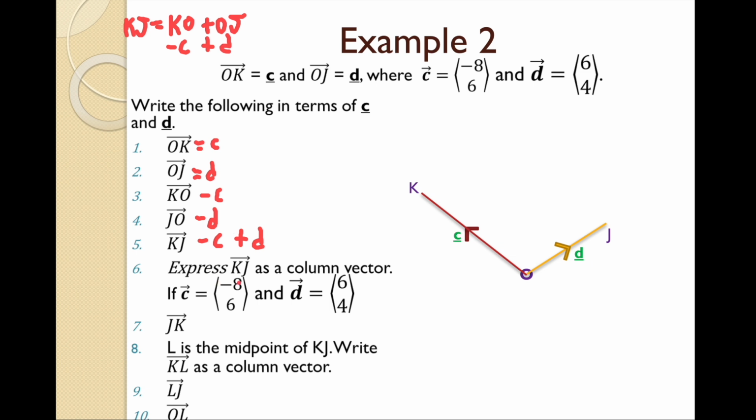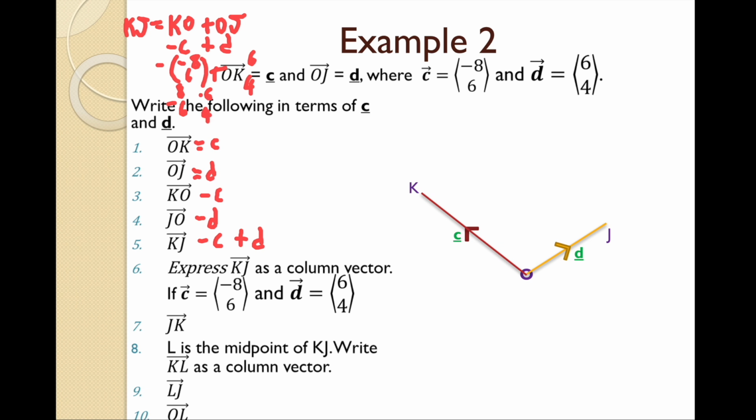All right, so express KJ as a column vector. We know that KJ is negative C plus D. So we could replace this negative C with what? Good. Negative (8, 6) plus (6, 4). Wonderful. So negative 8 will turn to positive 8, so we have (8, negative 6) and here we have (6, 4).